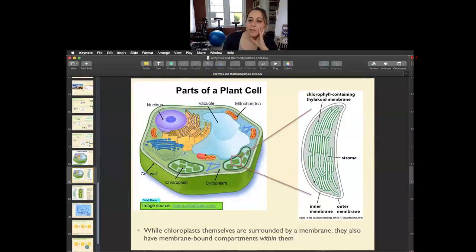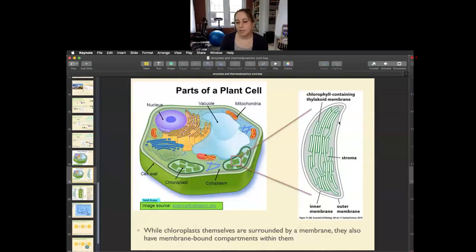Like the mitochondria, as we'll see next week, the chloroplasts are organelles that have a membrane that surrounds the entire thing, but then they also have a membrane inside. So this white part is the outer membrane.